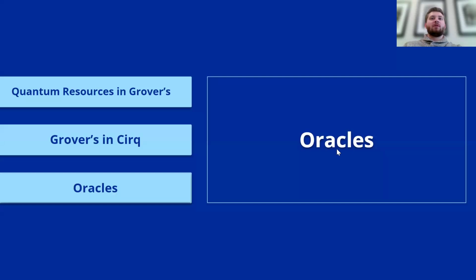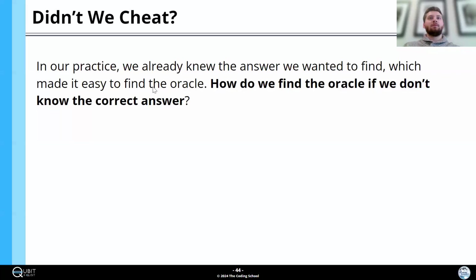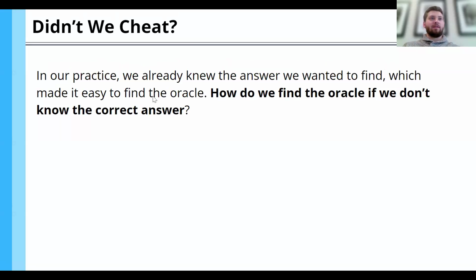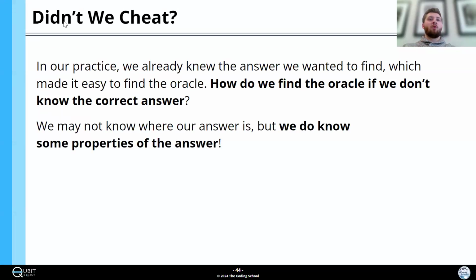All right, so let's take a closer look at oracles. Some of you might be wondering, did we cheat when we put this together? In practice, we already knew the answer we wanted to find, which made it easy to find the oracle. So how do we find the oracle if we don't know the correct answer? We might not know where our answer is, but we do know some properties of the answer.